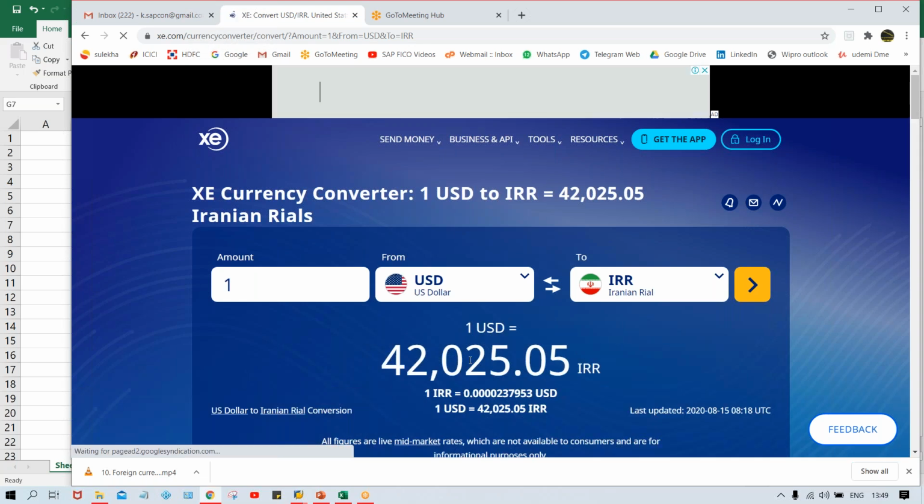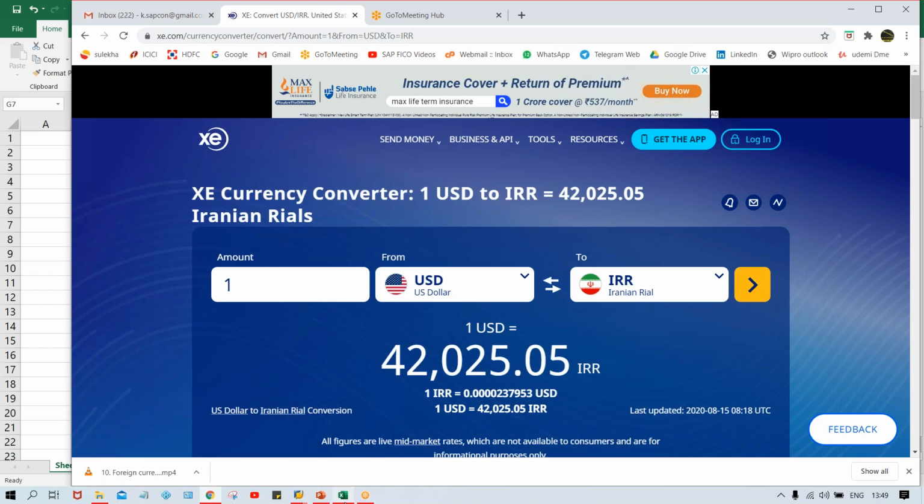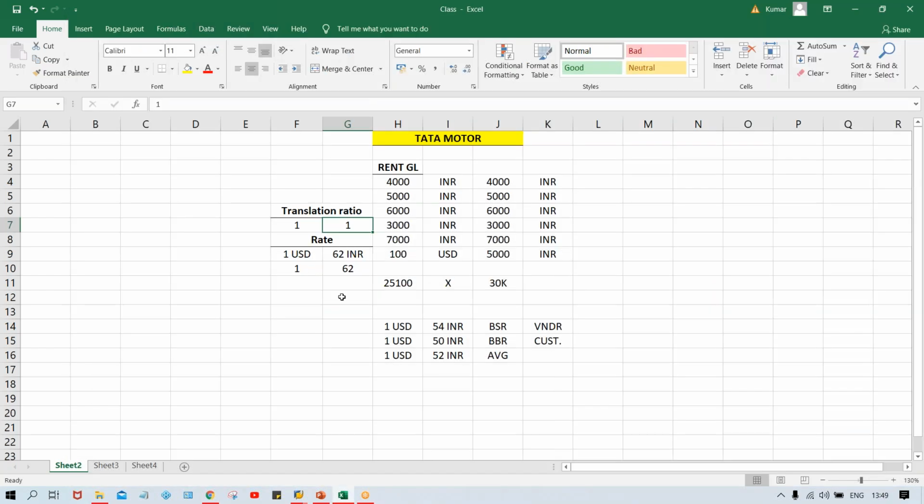So for example, take the example of India itself, right? Instead of USD versus IRR, IRR in the sense Iranian rial, let's suppose we take the example of Indian currency itself, and this is 42,000. I'll just quote in round figures. Say for example, here in India itself, the inflation rate is quite high, and 1 USD equals, let's suppose, 40,000 INR.